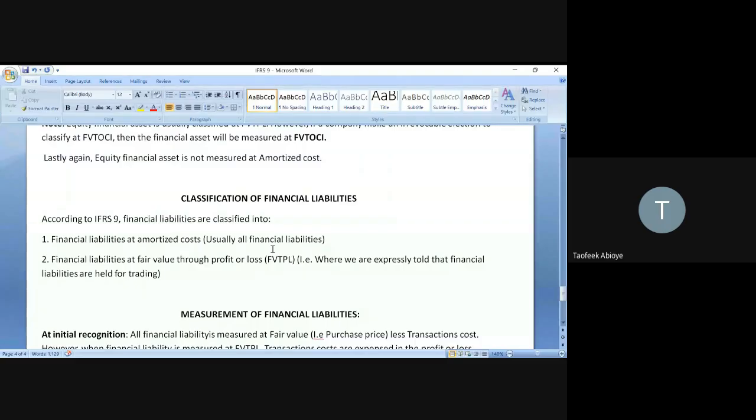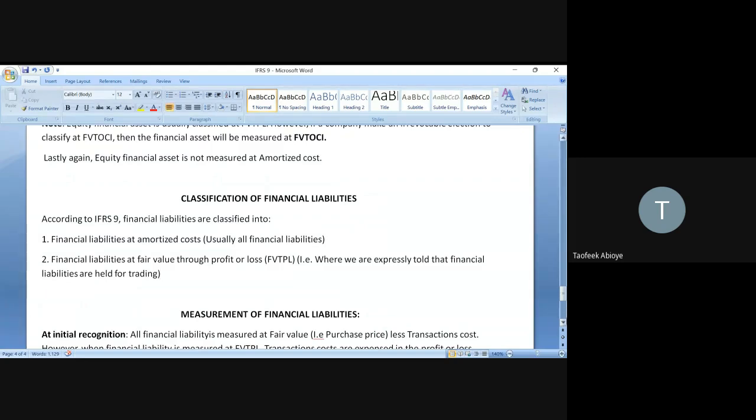We should take note again that financial liabilities, all of them, are usually classified at amortized cost. The only time we are going to measure at P or L is when we are expressly told that the financial liability is held for trading.